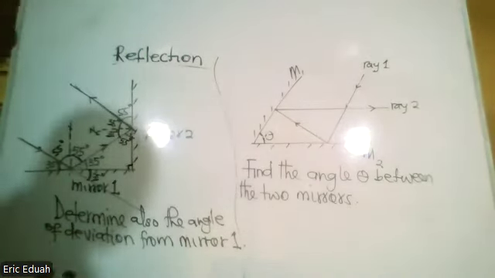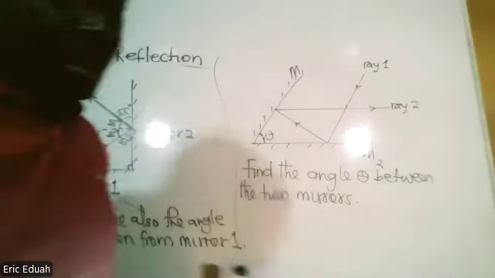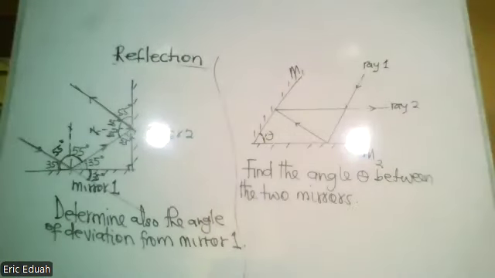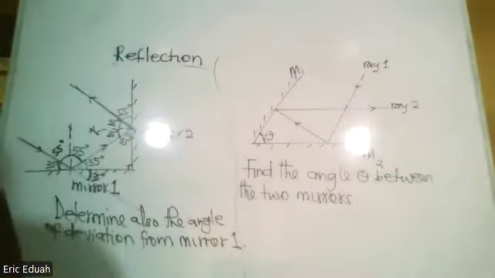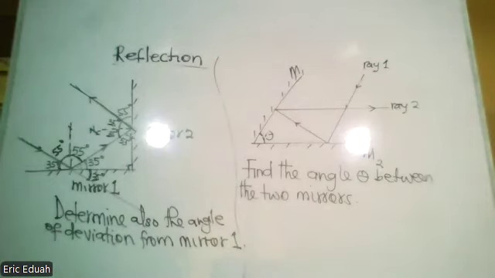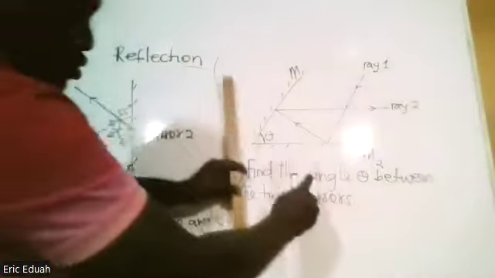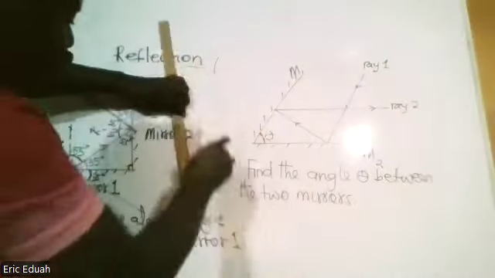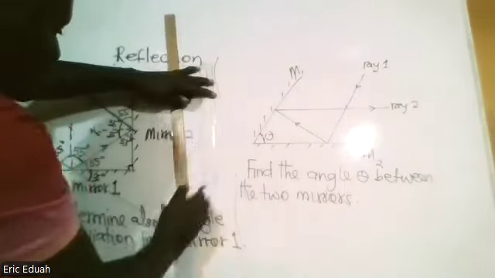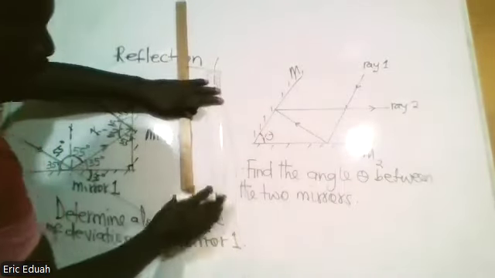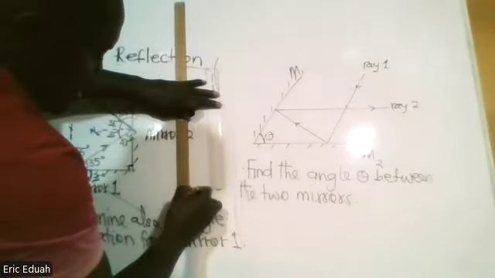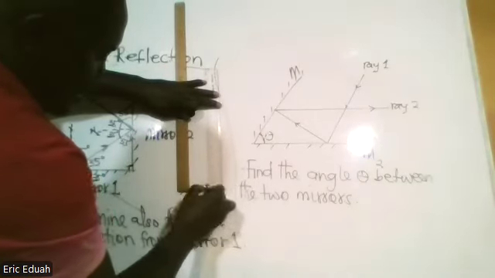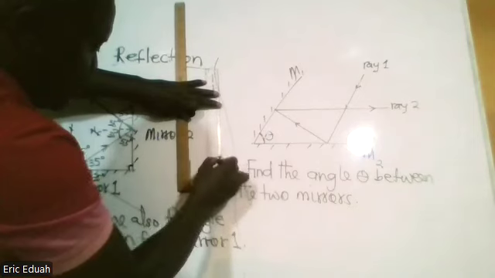When 2 lines are parallel, it means that the 2 lines have the same slope. If this line is parallel to this line, look at the 2 rulers. If this is parallel to this, then when I draw a horizontal to all of them, the angle each ruler makes with the horizontal must be the same.